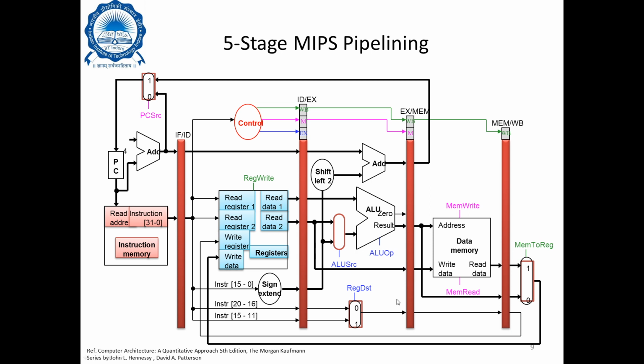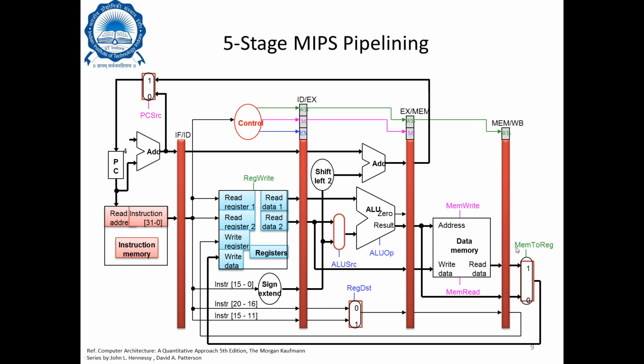The third pipeline register is between the execute stage of the ALU and the data memory. We call this the EX/MEM pipeline register. This is again storing the value of the ALU. Once you have this, the final pipeline register is the MEM/WB pipeline register.